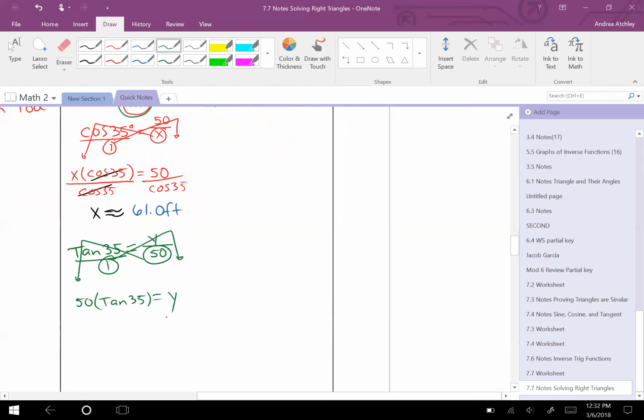Is y by itself now? Good, so I don't have to divide by anything, so I just plug in 50 times the tangent of 35. Okay, so now y is equal to 35.0 feet, because we are rounding to the nearest tenth.